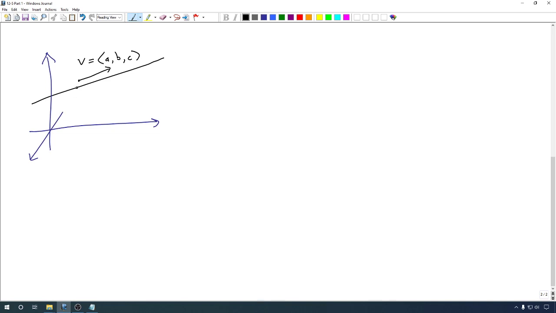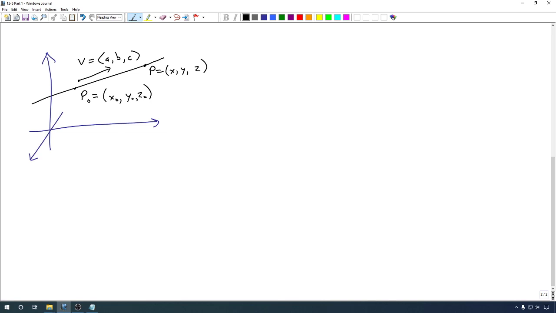Now let's say we have a point, let's call it P naught. Naught just refers to the little zero that we're going to put here. We'll say it's the point x naught, y naught, z naught. We want a way to talk about another point, let's call it P, that just has our very general x, y, z coordinates.